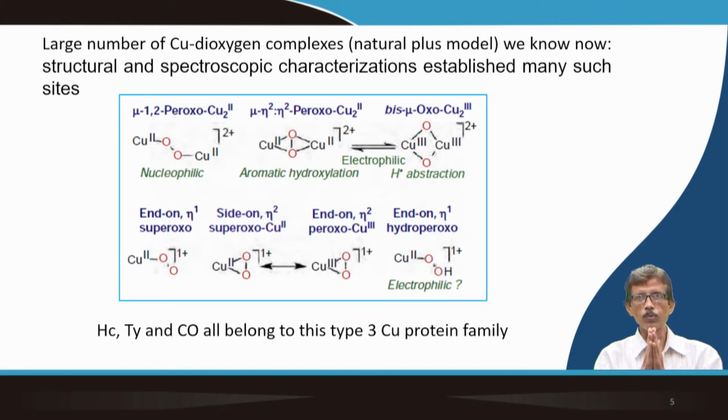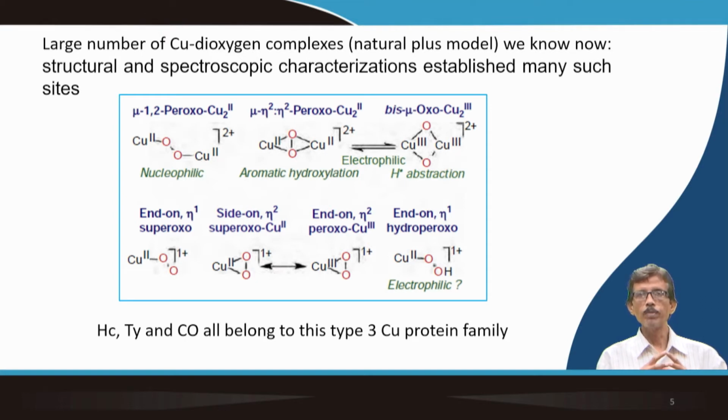Then you can have the corresponding mu eta 2 peroxide bridging, which is well known for your hemocyanin molecule, and the bis oxo. How the oxo is forming, which we write as highly electrophilic in nature, compared to your mu 1,2 peroxide, which is nucleophilic in nature, because the substitutions, the catalytic functions and all these things depend on the nature of this reactivity site, whether it is nucleophilic or electrophilic.